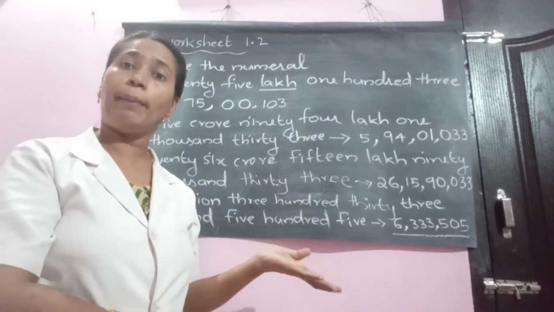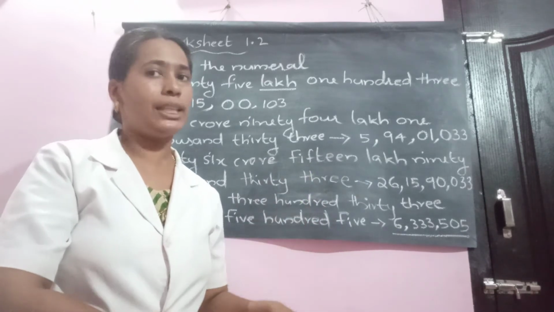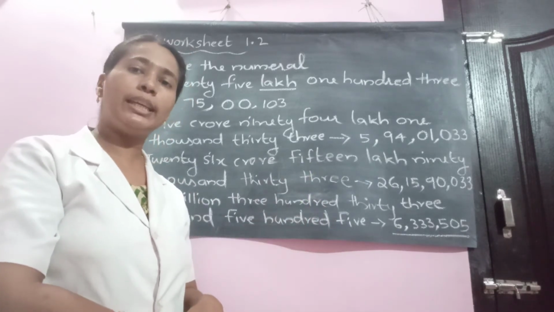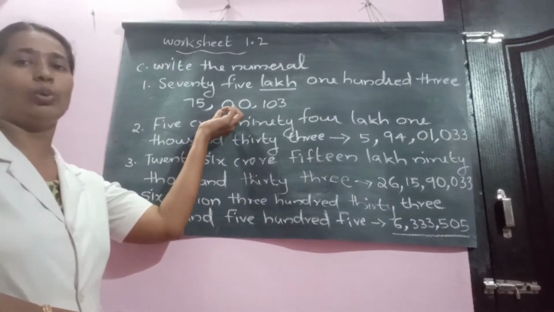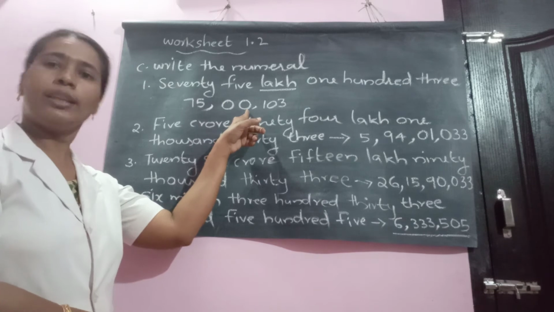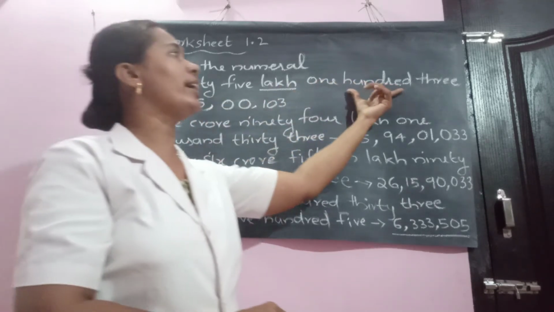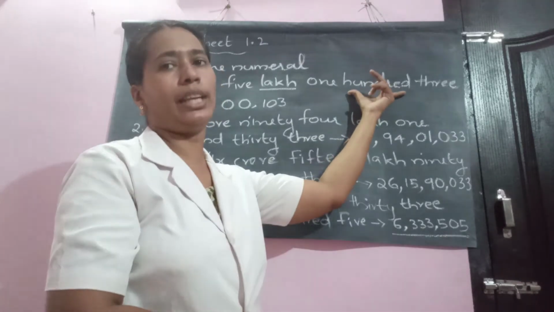Can you see any number? 10,000 and 1,000 digits are missing. So, what do we do to fill the missing digits? We add zeros. First 0 for 10,000, second 0 for 1,000. Put a comma. Finish.